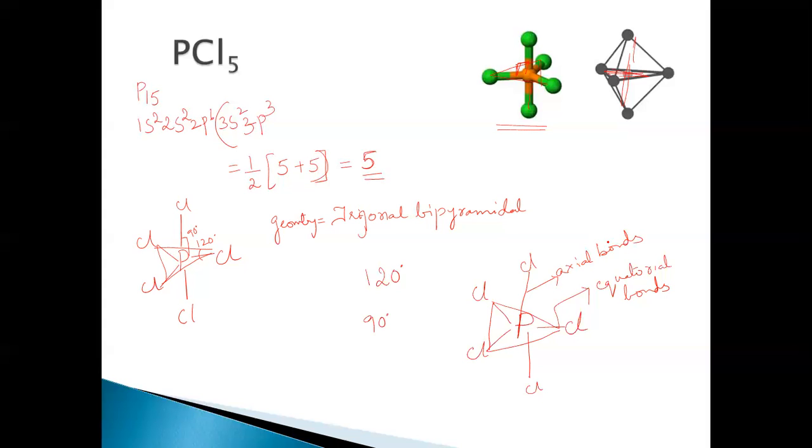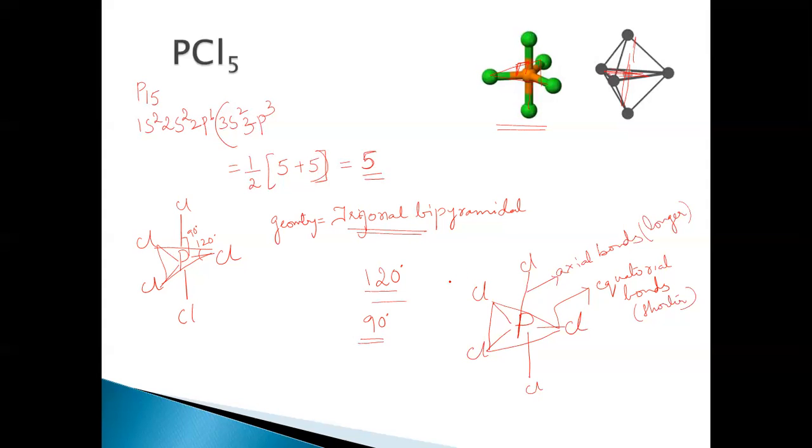So there are two types of bonds. The equatorial bonds are shorter and the axial bonds are longer. The axial bonds are a little longer when compared to the equatorial bonds. This is important in our next discussion, so remember these are equatorial bonds and these are axial bonds, right? So the geometry here is trigonal bipyramidal and the angles are 120 and 90 degrees.